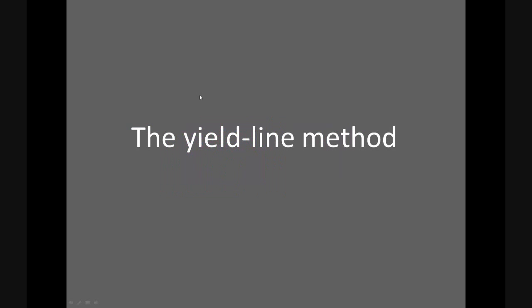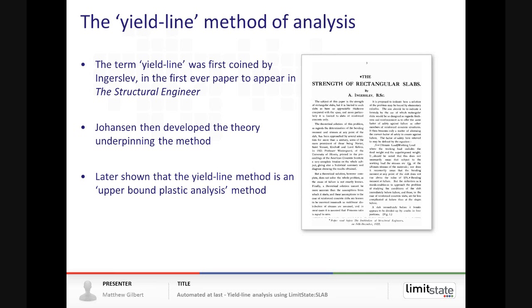Okay, so let's spend a few minutes just looking at the yield line method. It seems that the term yield line was coined back in the 1920s by Ingerslev, and actually there's a paper that appears in the Structural Engineer in 1922 on the strength of rectangular slabs, which seems to be the first paper to mention the term yield line.